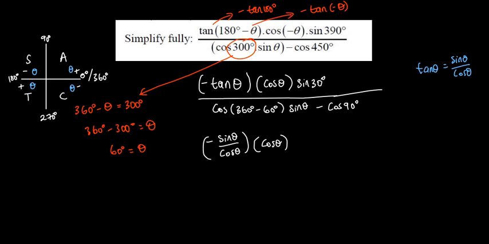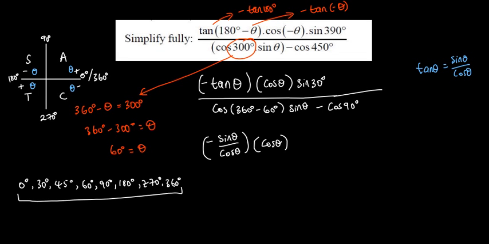Remember, once you see the following angles: 0 degrees, 30 degrees, 45 degrees, 60 degrees, 90 degrees, 180 degrees, 270 degrees, 360 degrees, I need you to know that all of these, good people, are actually special angles.